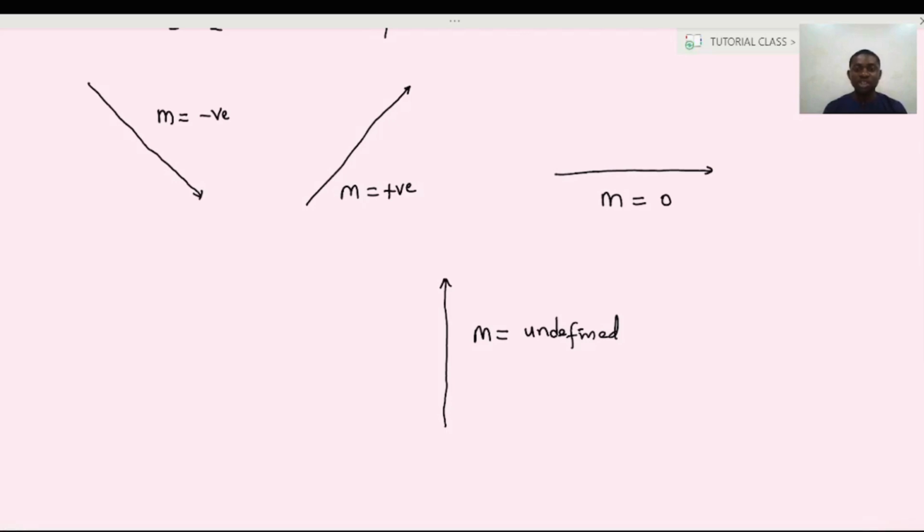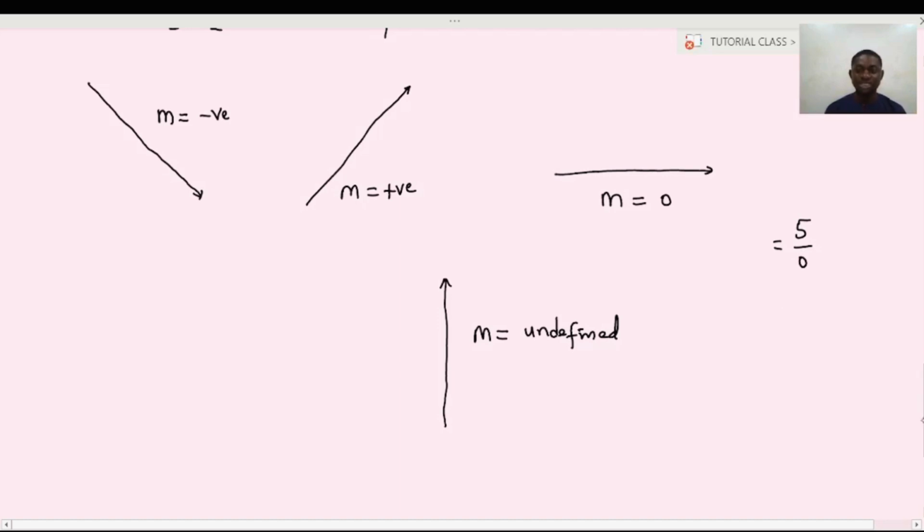The gradient is undefined at this level because it has changing y-axis, but it's not changing on x-axis. So the change in x-axis is 0, and whenever you divide a value by 0, say 5 divided by 0, what do you think this will give you? It's undefined. Don't make the mistake of saying it's 0. It is undefined. So that is the concept under this.